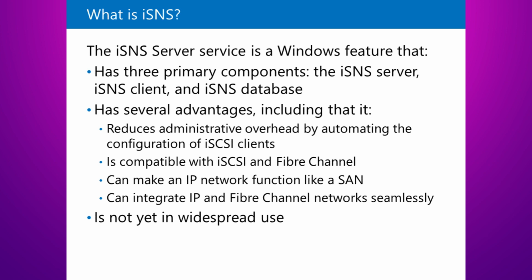These groups are then used for administrative purposes and to control login activities. A state change notification service. The iSNS server uses this service to issue notifications about events on the network. Mapping information to an iSNS database. iSNS maps naming and discovery information about iSCSI and Fibre Channel devices to an iSNS database.